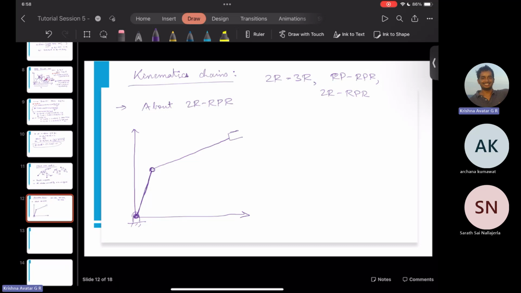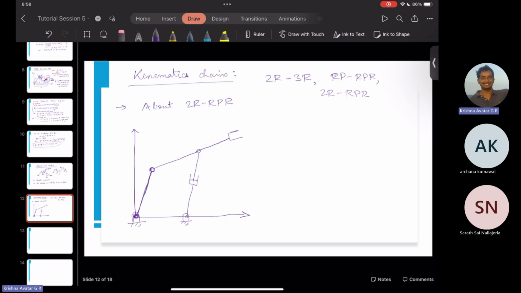Ideally, this would have been the case if we were dealing with only a 2R planar robot. But here we are using one more kinematic chain to be able to actuate it in much more complicated ways. For this, we attach another kinematic chain of this type, here.